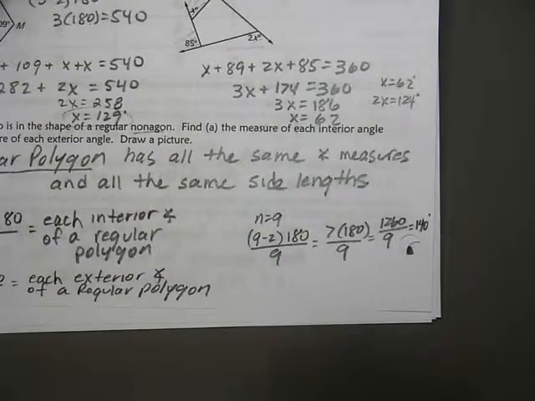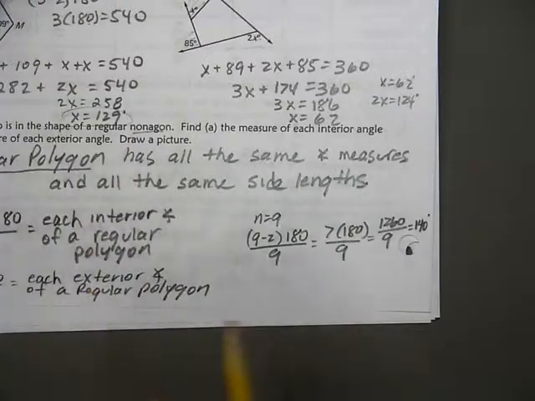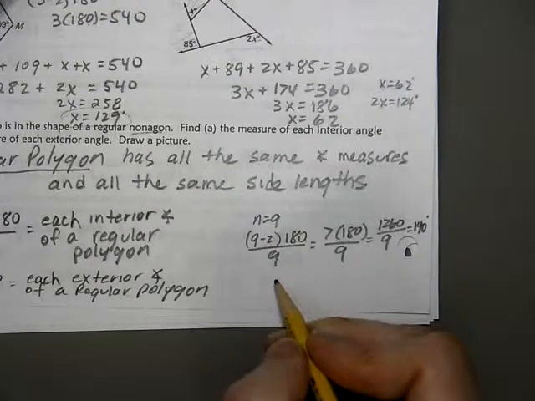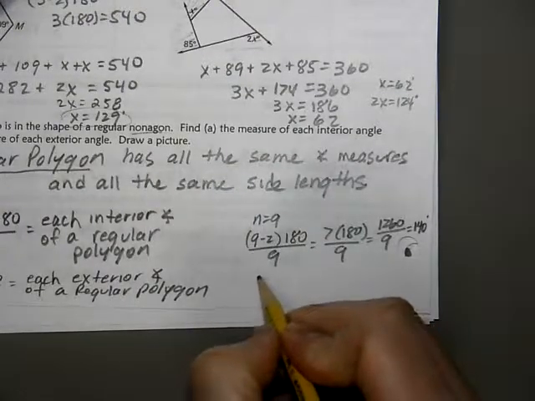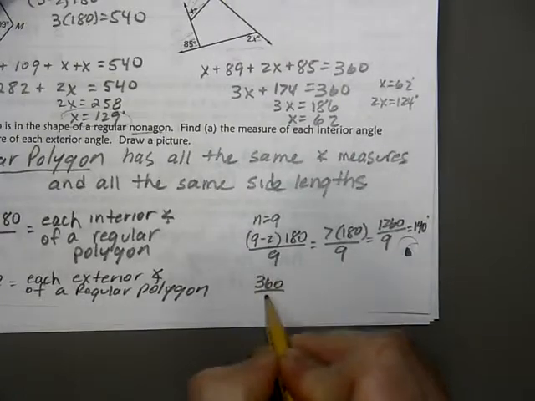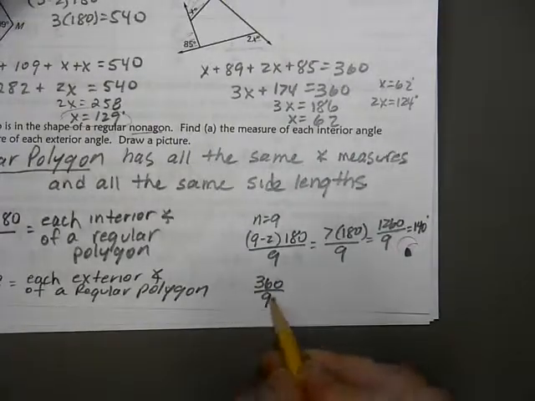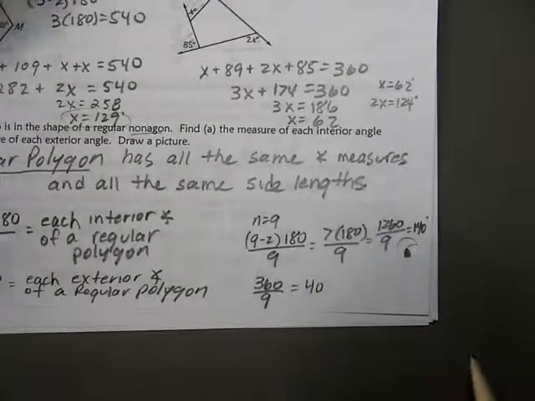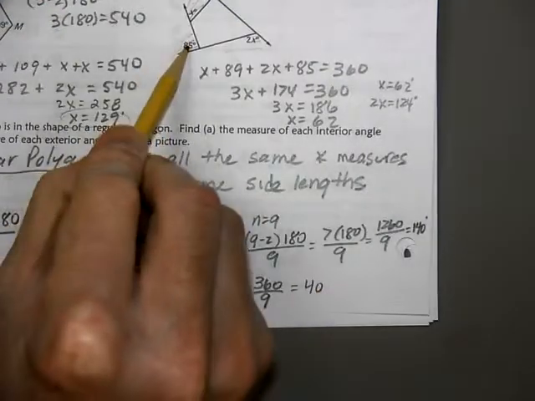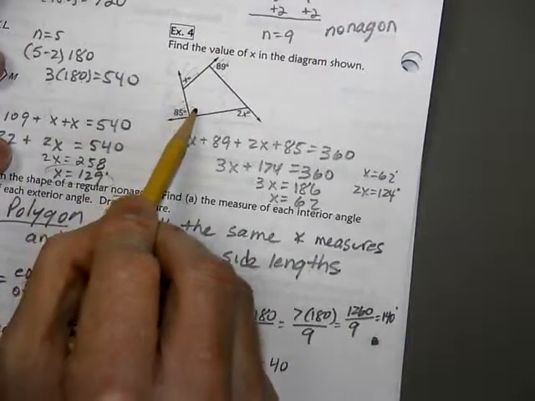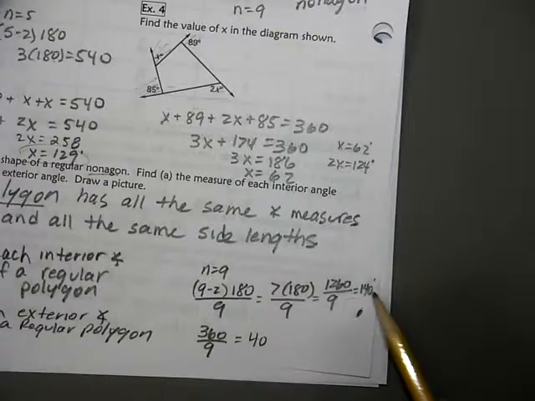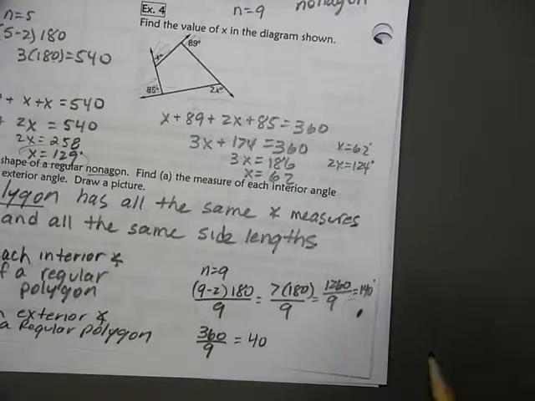Each angle on the inside of this nonagon has to be 140 degrees for it to be a regular nonagon. For the exterior angles, we're going to take 360 and divide that by the number of sides, or really the number of angles, and that would come out to be 40. Well, of course, the exterior angle and the interior angle add up to 180. So 40 and 140, of course, is 180, so that worked out great.